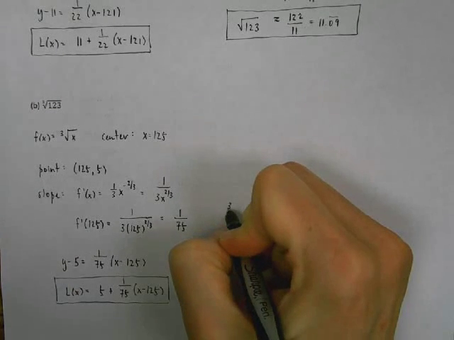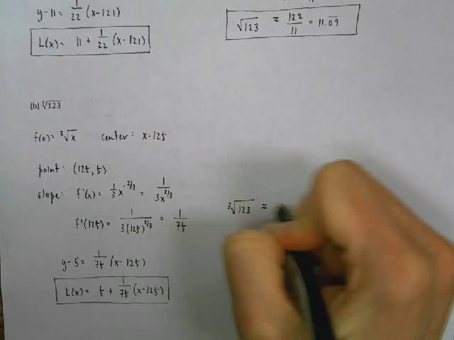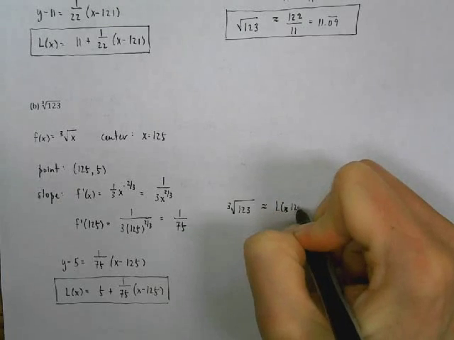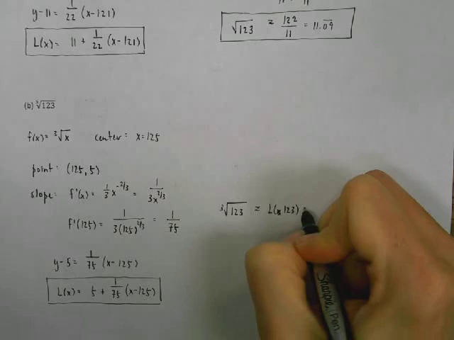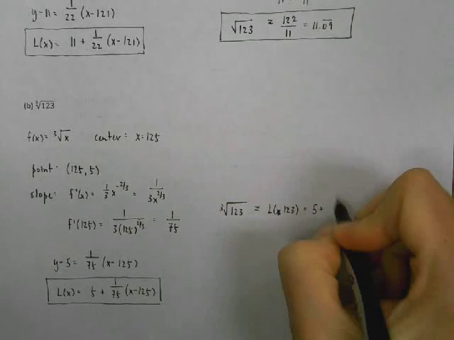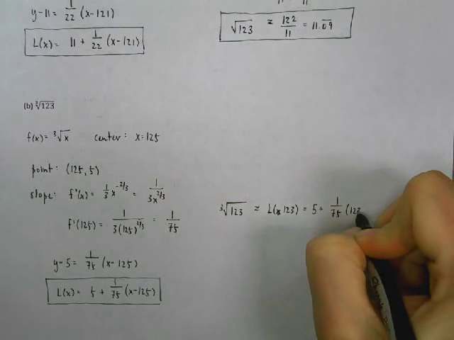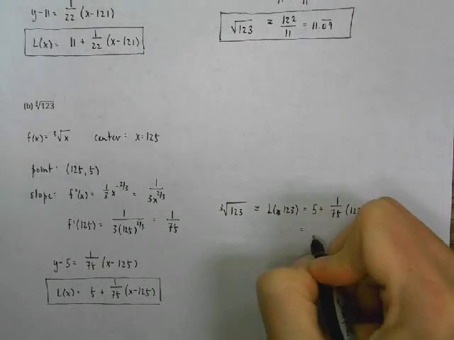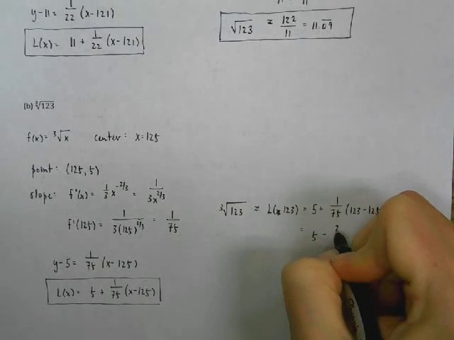I'm trying to approximate the cube root of 123, and I know that's approximately L of 123. So I'm going to substitute into my equation. 123 is going to go in for x. So I get 5 minus 2 over 75.